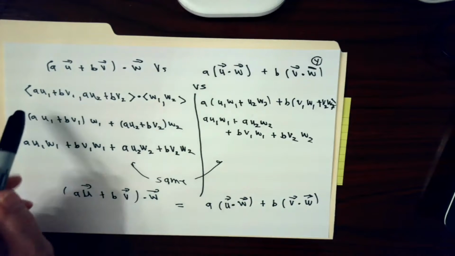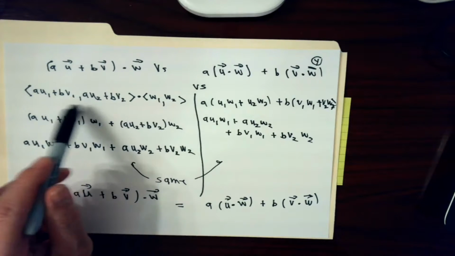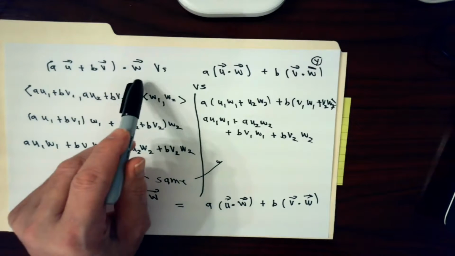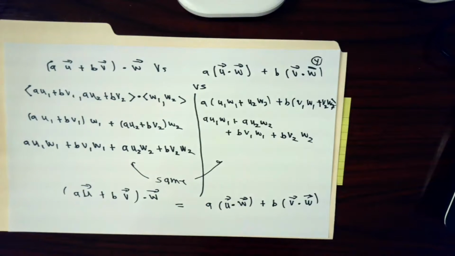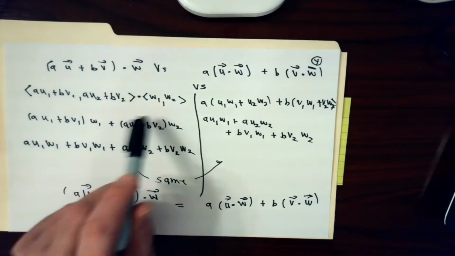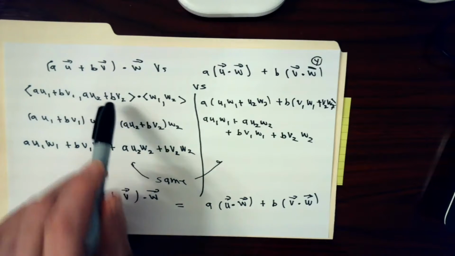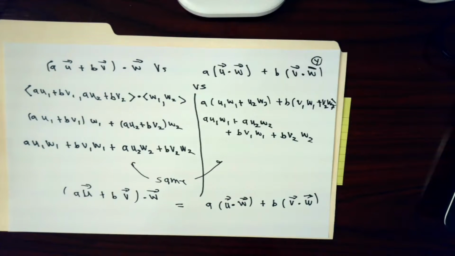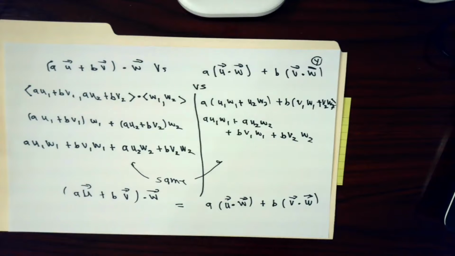If you figure out the components of au plus bv, it's easy enough to work out. w has components w1 and w2 in two dimensions. The way we do dot products is I take this number and multiply it by w1, that number and multiply it by w2, add those together, and I get a rather complicated, messy looking expression.